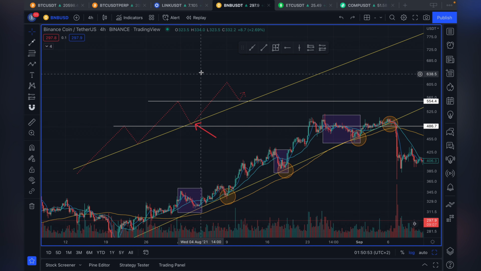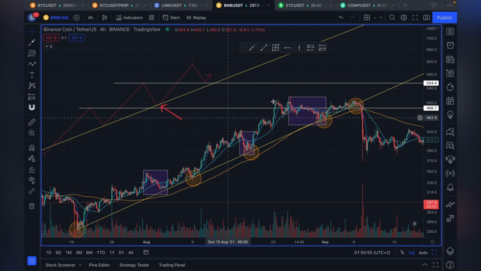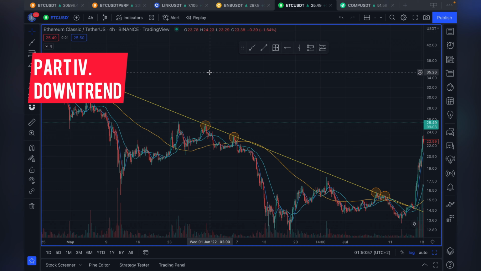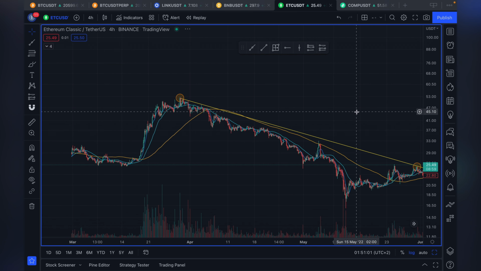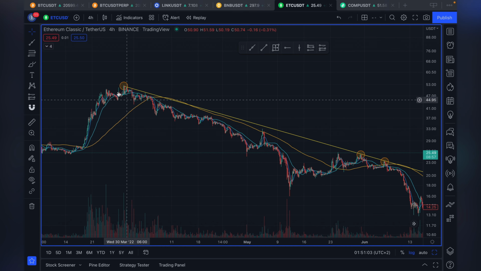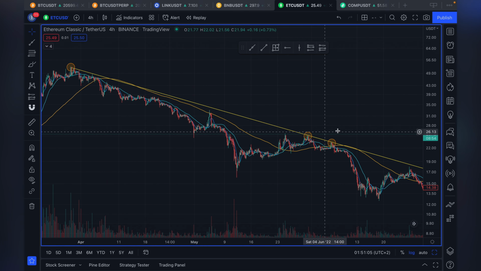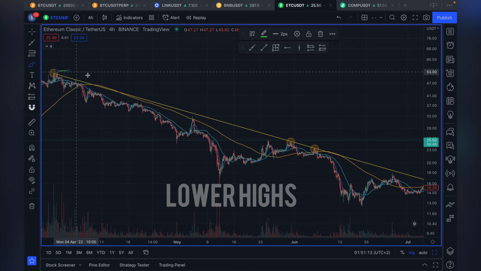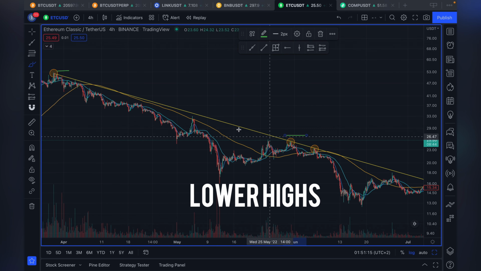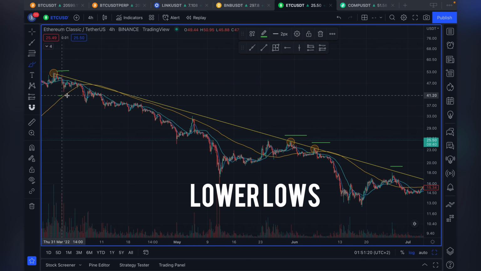And let's take a look at a downtrend. Here we have a downtrend. What are the rules? The first rule is, as always, you have to have 2 significant points at least. For our downtrend, you have to notice that every high is lower than the previous one, and every low is lower and lower than the previous one.